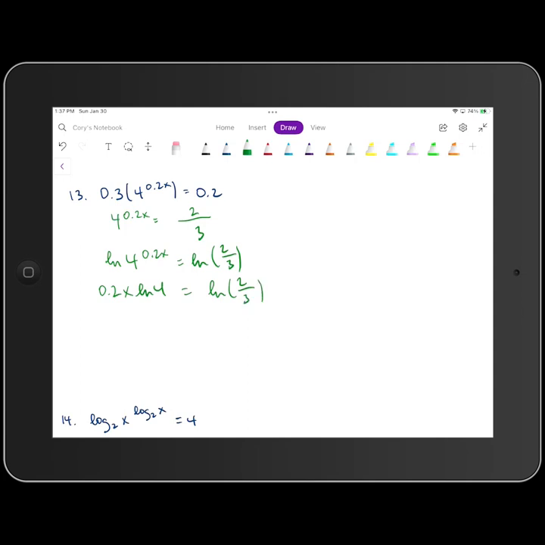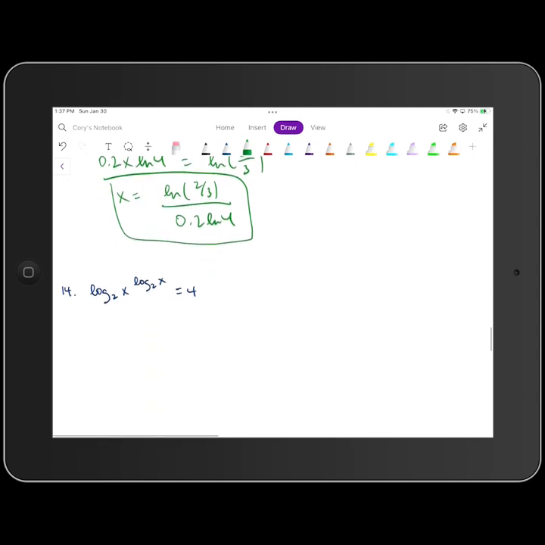And then I can divide both sides by 0.2 times the natural log of 4. Okay, and that is going to be our solution for x. So pretty easy, straightforward problem there. Again, you want to isolate the exponential function.